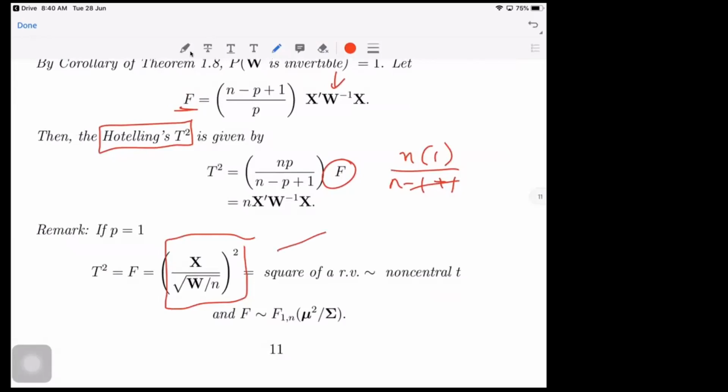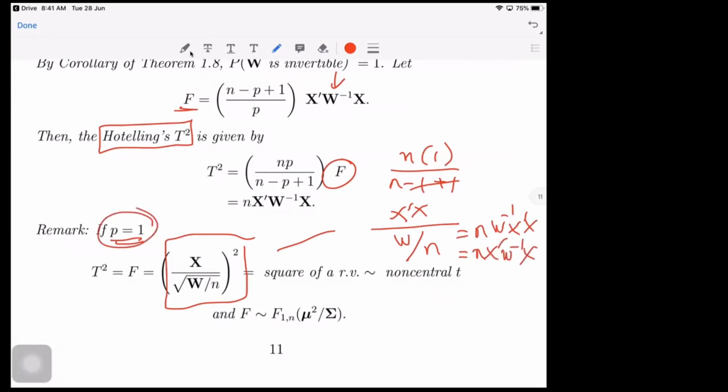Notice that x squared is x prime x, because p is equal to 1. So it becomes x prime x over W over n. So it becomes n times W inverse x prime x, or you can write it as n x prime W inverse x in general, no?